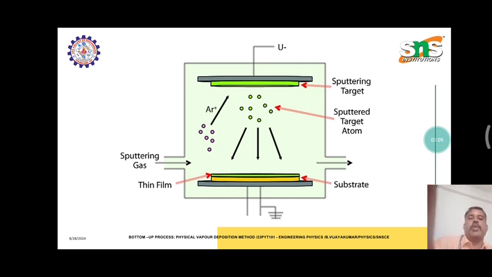Then the sputtering gas is introduced. The evaporated atoms interact with argon atoms, then are deposited on the upper target of sputtering.